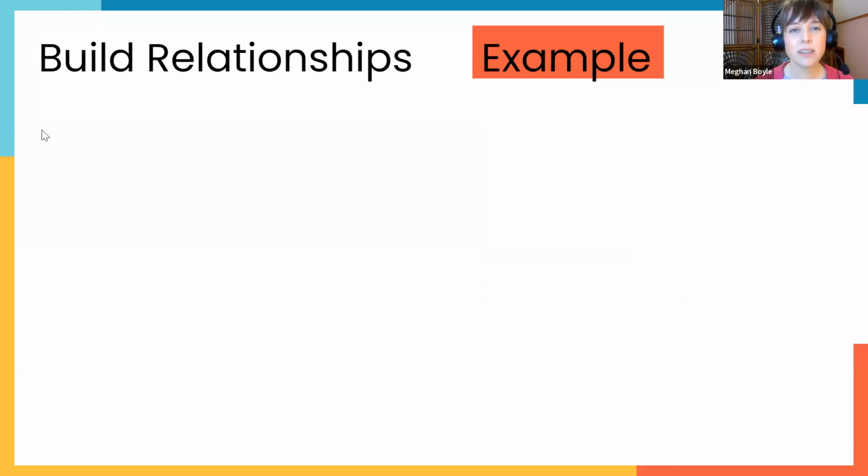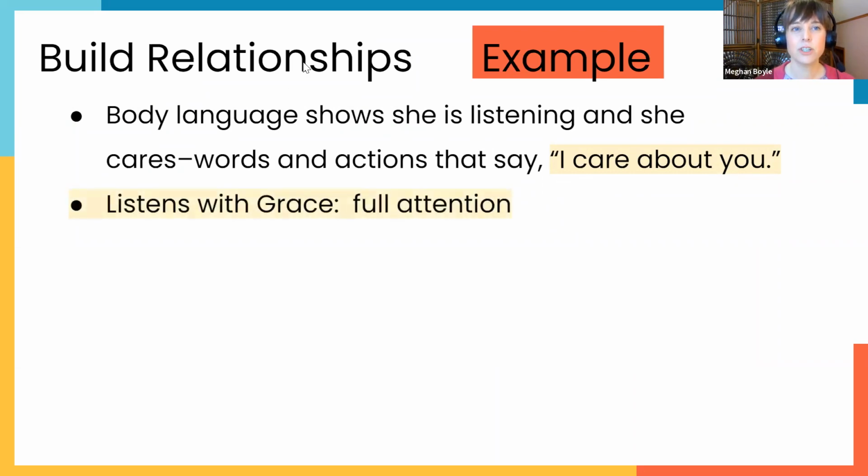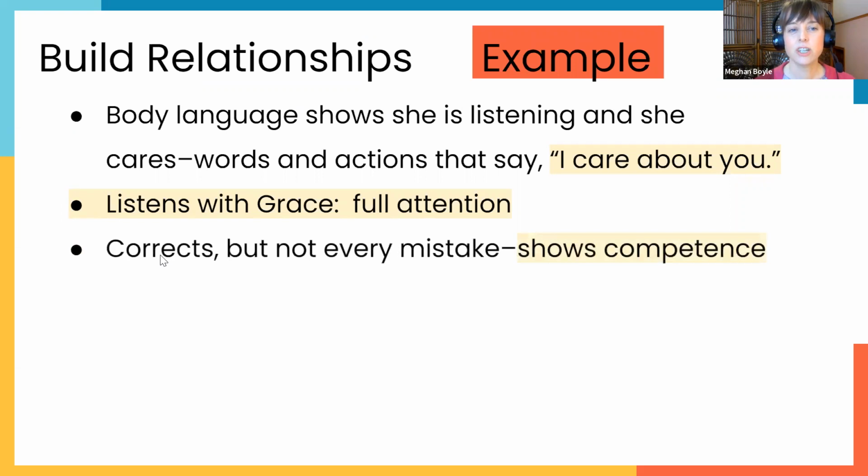But specifically, these ideas from Hammond that I think I saw in Barb were that body language that many of you mentioned. So she shows she's listening and she cares with words and actions that say, I care about you. She listens with grace, and that idea from Hammond, she gives her full attention. She corrects, but not every mistake.